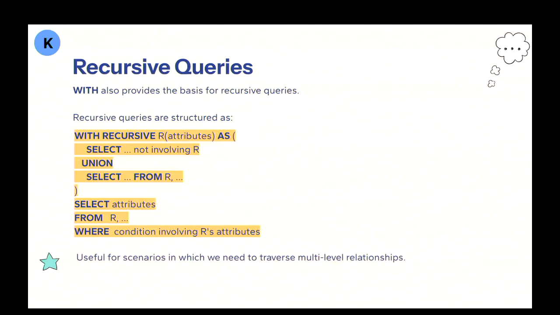So just like how you use recursion in normal programming scenarios, recursive selection is useful in the scenarios where we need to traverse multi-level relationships.